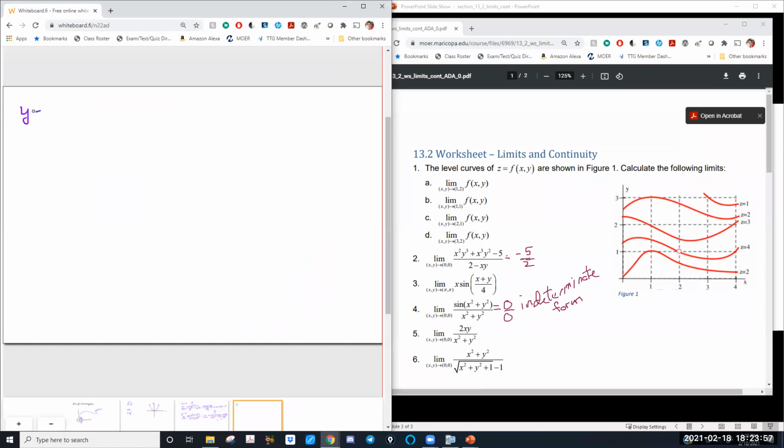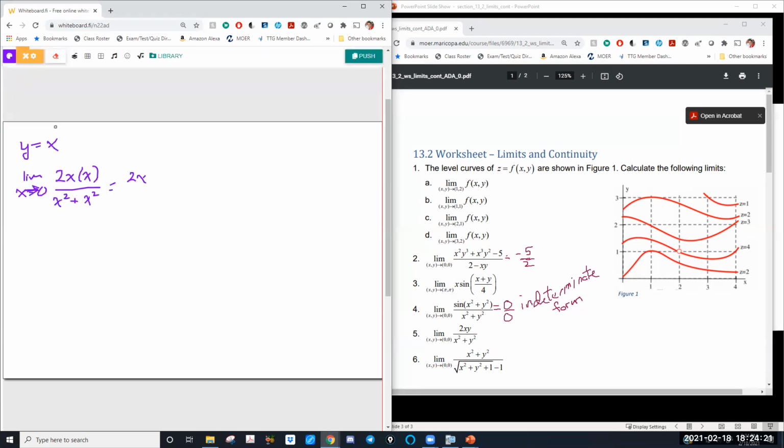So let's do that. Let's do y equals x. That's a nice, easy path. So basically, if they're equal, they're going to the same thing. So the limit as x goes to 0 of 2x over x squared plus x squared. Sorry, getting a little ahead of myself.